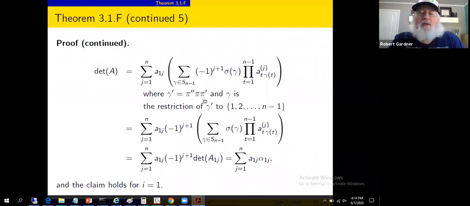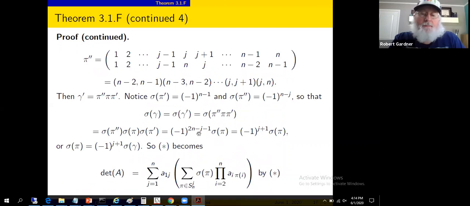Next slide. So we've done exactly that. In addition, I want to take those pi's and replace them with the gammas. So we've gone from pi in S sub n super j. We've set things up where gamma prime is related to pi by this relationship.